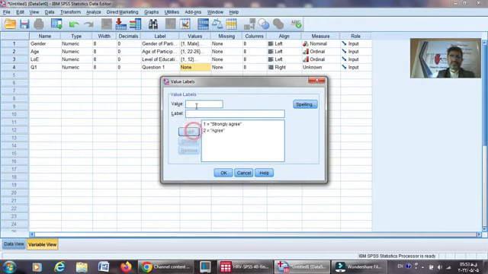3 neutral, don't have any particular idea, 4 disagree, 5 strongly disagree.